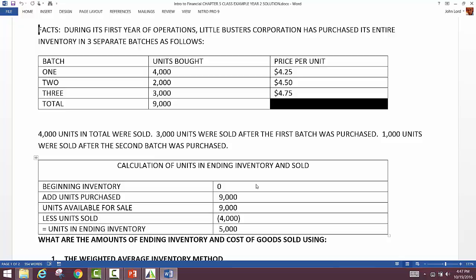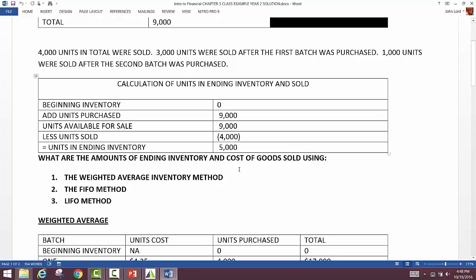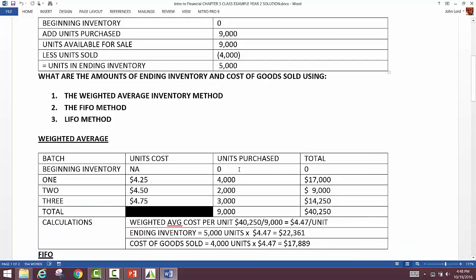Okay, good. So, we're going to use this example now, and we're going to start out with it, going through FIFO, LIFO, and weighted average, but we're going to start with FIFO first.